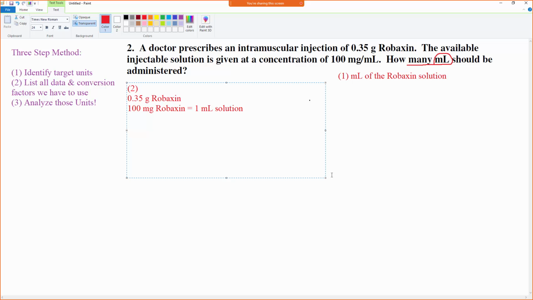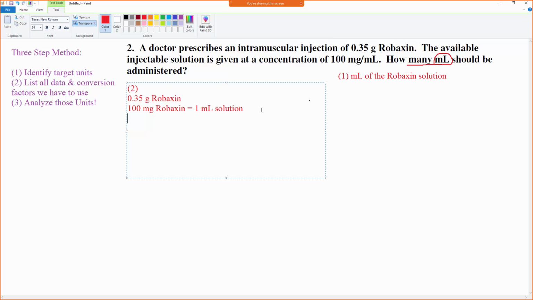Does that make sense? Because I could call it 100 milligrams per milliliter, or I could call it 1 milliliter per 100 milligrams. When they say 100 milligrams per milliliter, they've essentially given me a conversion factor, and I went back to the original equivalency, so I could choose, right? Excellent. Yep, that's what we've got.